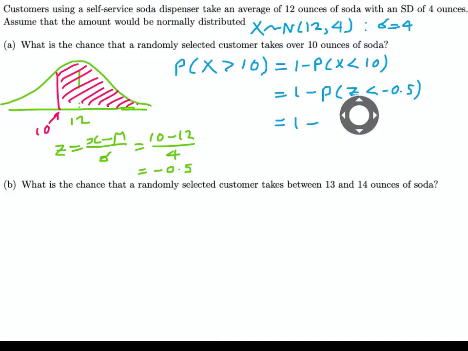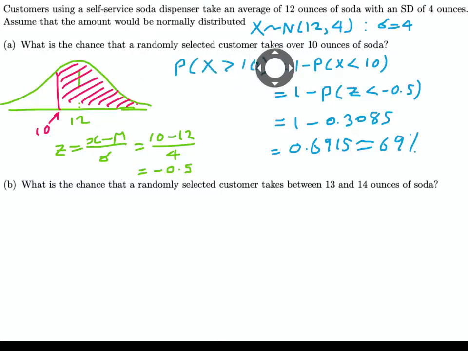So probability Z less than negative 0.5 equal 0.3085 and answer is 0.6915. So we can say we have approximately 69% chance to take over 10 ounces of soda.